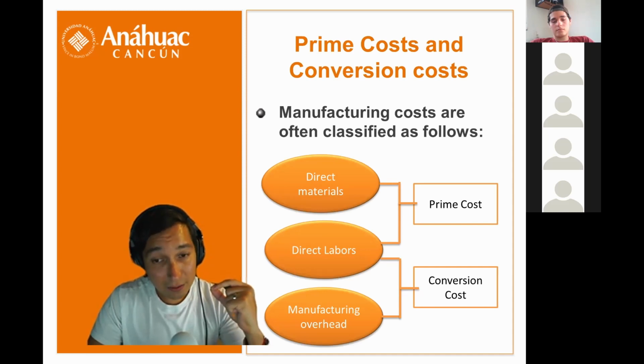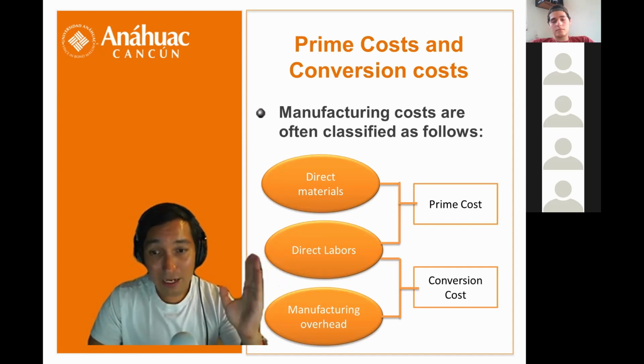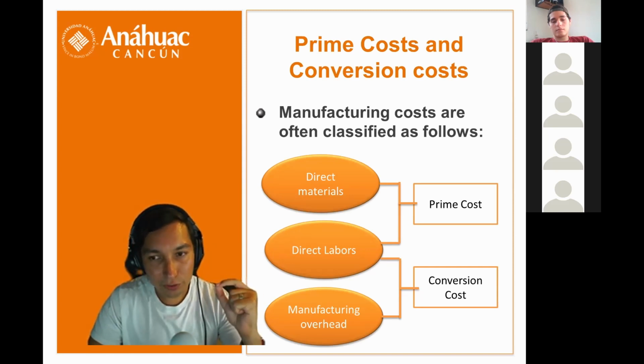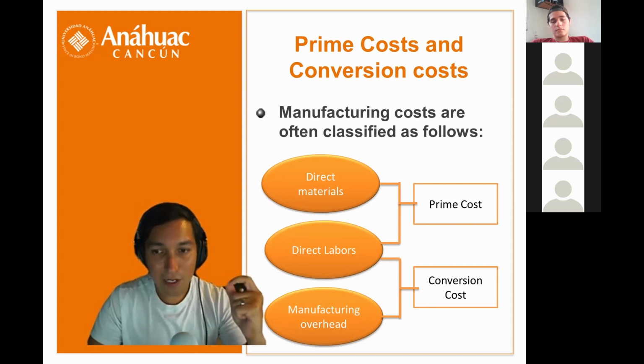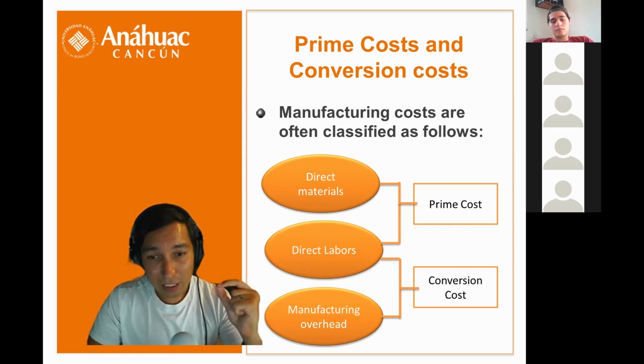And then direct labor and manufacturing overhead are our conversion costs. So what we have to do to the direct material to convert it, so direct labor and MO are the conversion costs. So if I just add together prime cost plus conversion cost, that would give me my total manufacturing cost, right?